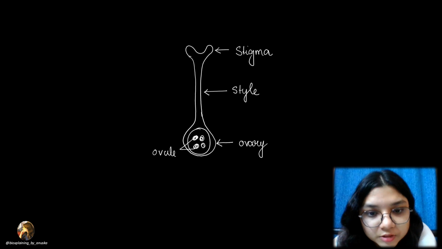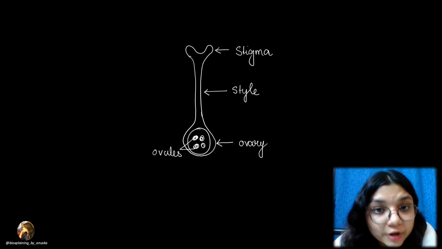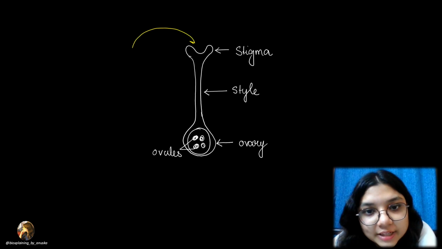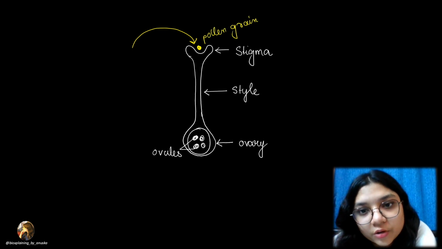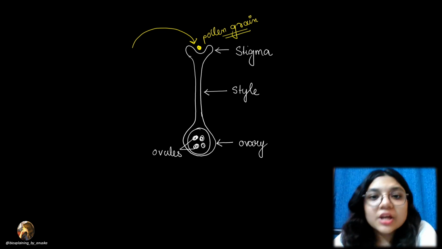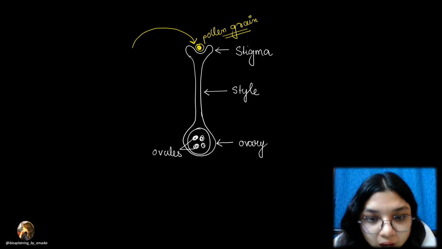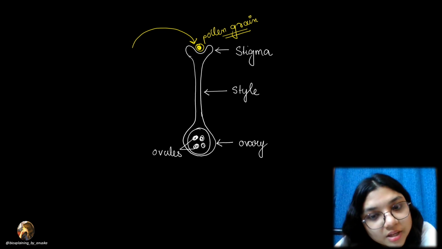Okay. So what has happened after pollination? During pollination, the pollen grains have come and they have landed on the stigma, right? So this is the pollen grain which has now landed on the stigma. Okay, so the pollen grain now has to enter through the stigma, move through the style, and then enter the ovules, right?